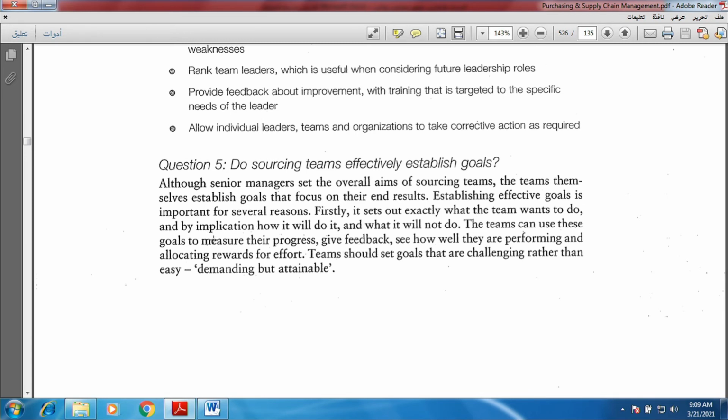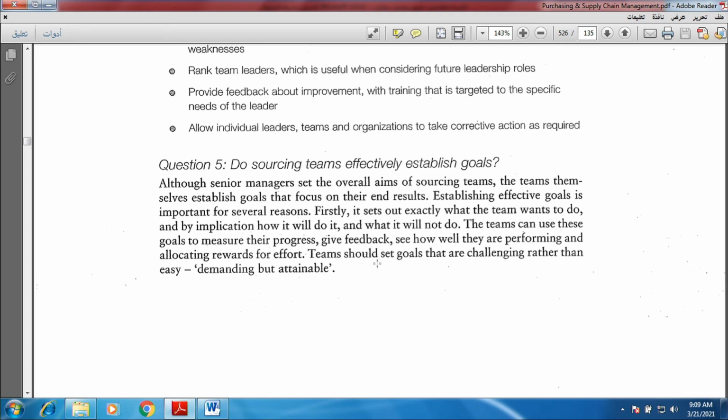The goals are stated side by side with the progress needed and the feedback given from the management. Performing means allocating resources and allocating for achievements in reality. Sometimes these goals are challenging, not simple and easy.